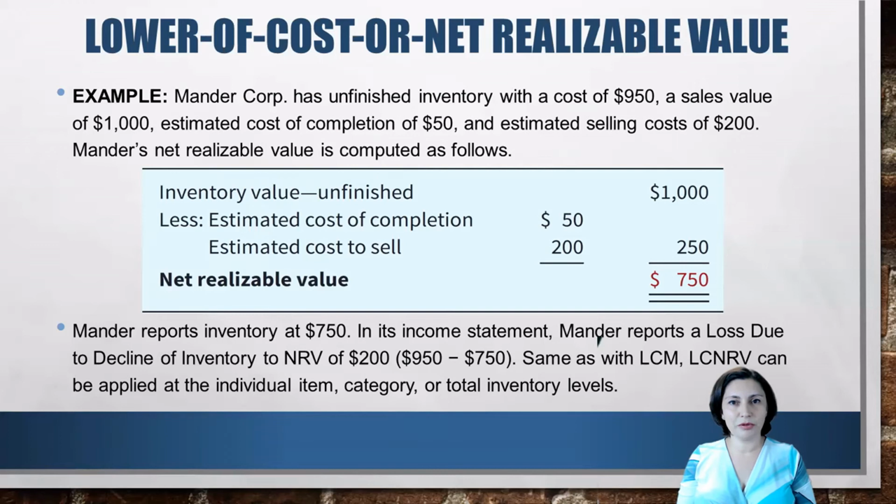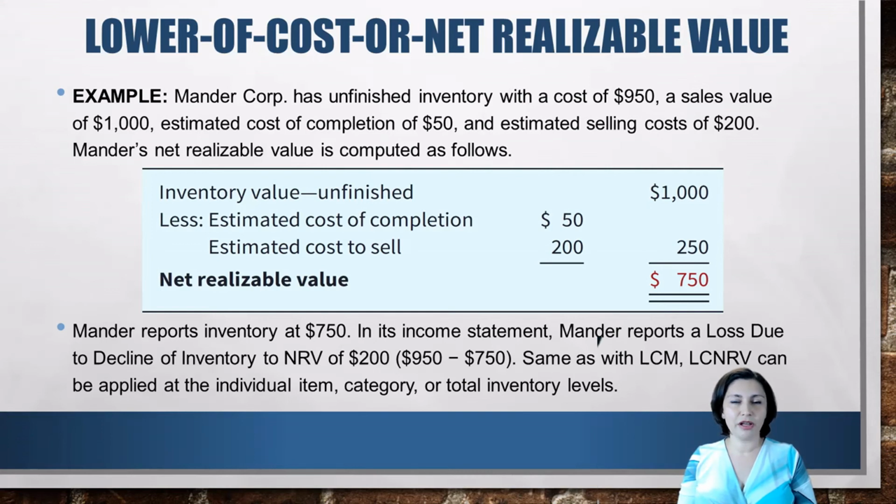Let's look at the example. Mender Corporation has unfinished inventory with a cost of $950, a sales value of $1,000, estimated cost of completion of $50, and estimated selling costs of $200. Mender's net realizable value is computed by subtracting estimated cost of completion of $50 and estimated cost to sell inventory of $200 from the inventory sales value of $1,000.